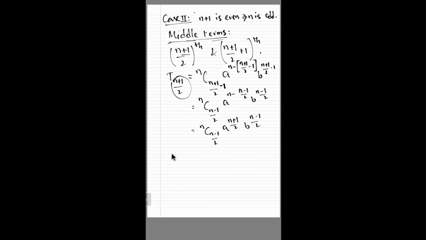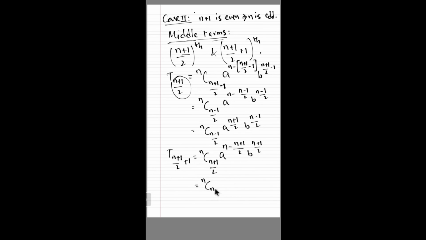And in the same way, we find the second middle term, that is T_{(n+1)/2 + 1}. So obviously it should be nC_{(n+1)/2}, a to the power n minus (n+1)/2, b to the power (n+1)/2.